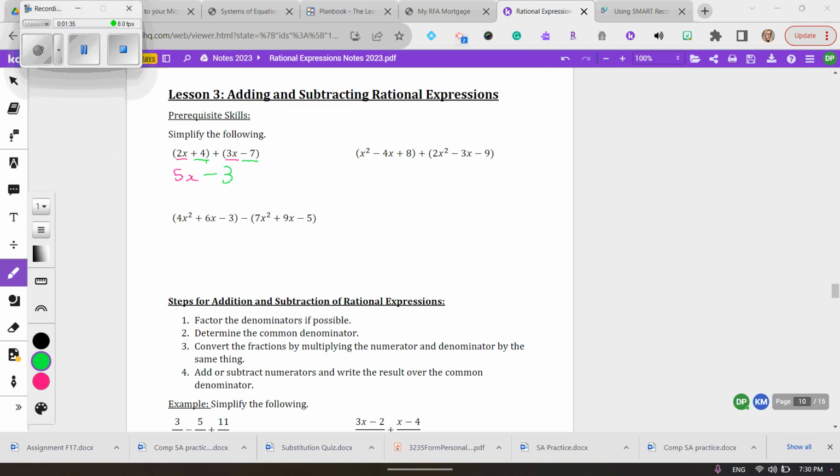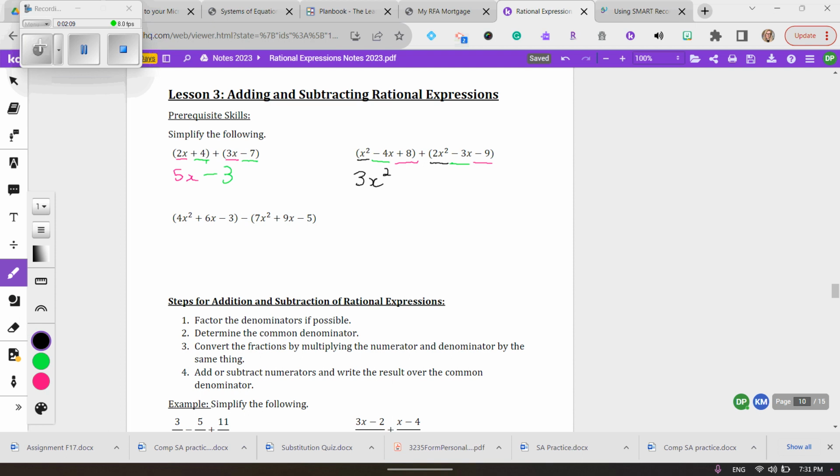Okay, great. So the next one we have like terms again. My x squareds are like terms, x squared and 2x squared. My negative 4x and my negative 3x are like terms. And then my positive 8 and negative 9 are like terms. So I'm adding x squared plus 2x squared, which, remember, you can put an invisible 1 there to make it 1x plus 2x, which is 3x squared.